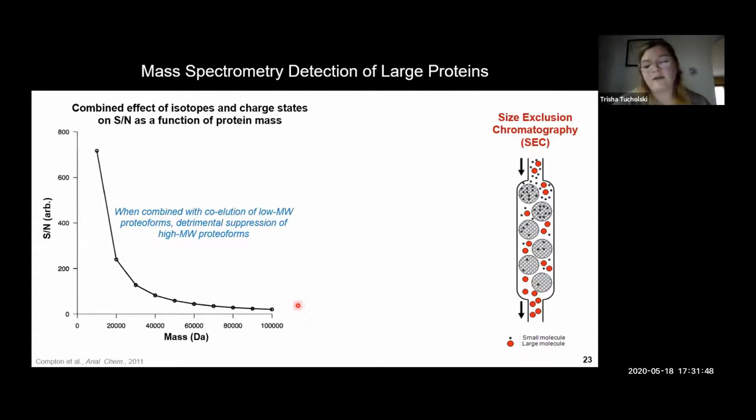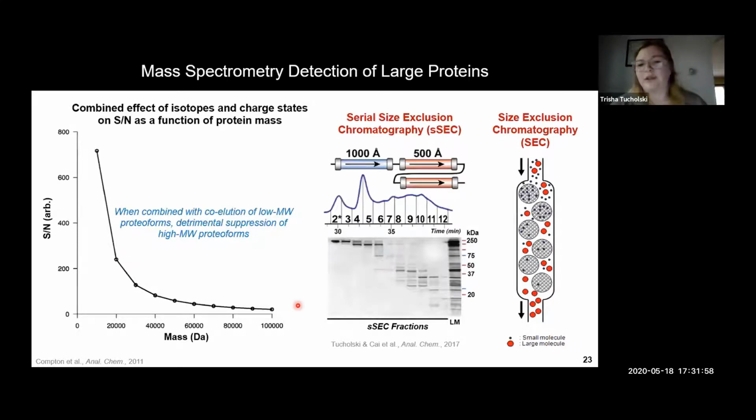And one way we can do this is by doing size exclusion chromatography, which was previously thought to be pretty low resolution, but we showed that with the right combination of pore sizes, we could get really nice size-based separation of our complex mixture of heart proteins extracted from tissue. You can see here, this is just a gel representation of the proteins that we're able to fractionate by size.